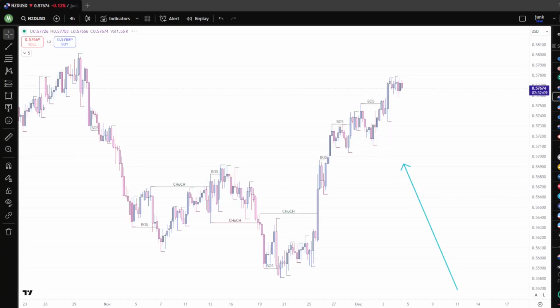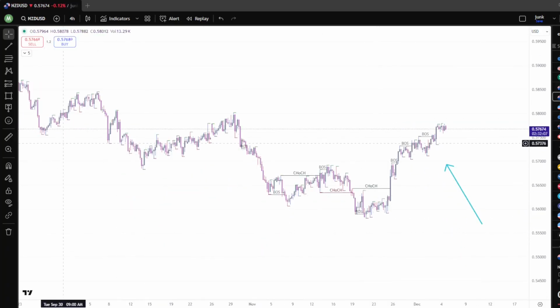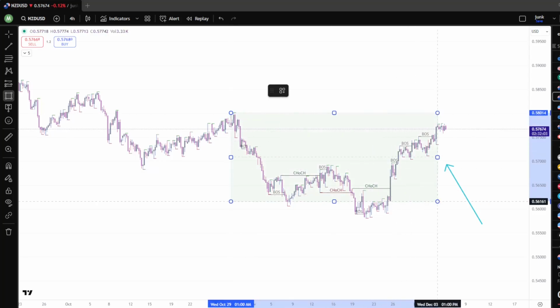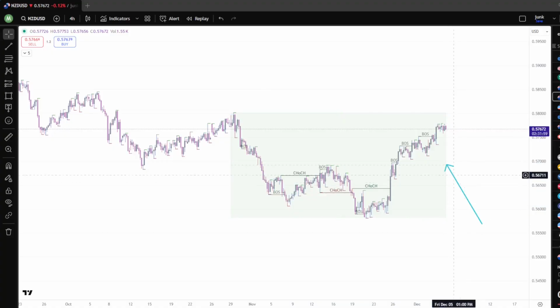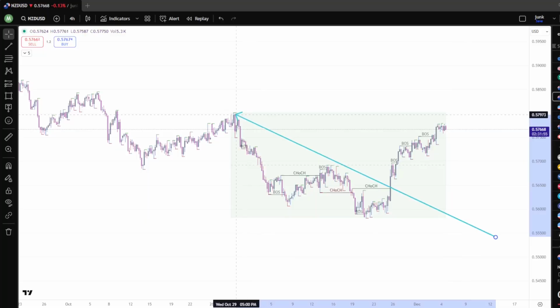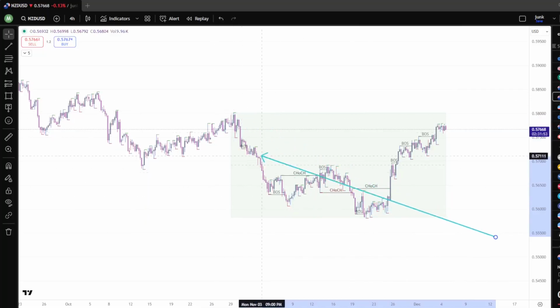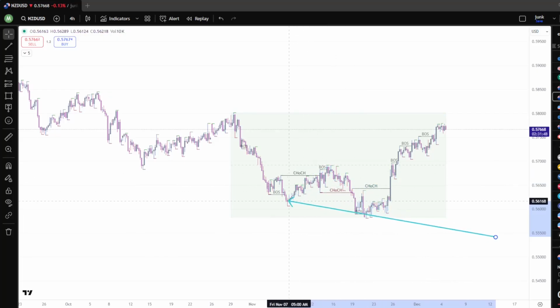NZD USD, let's go map out the current range. This overall structure, as we've been saying on this channel, this range from this high to this high, it did retrace back, made another lower high, and then broke lows, then consolidated and pushed up.